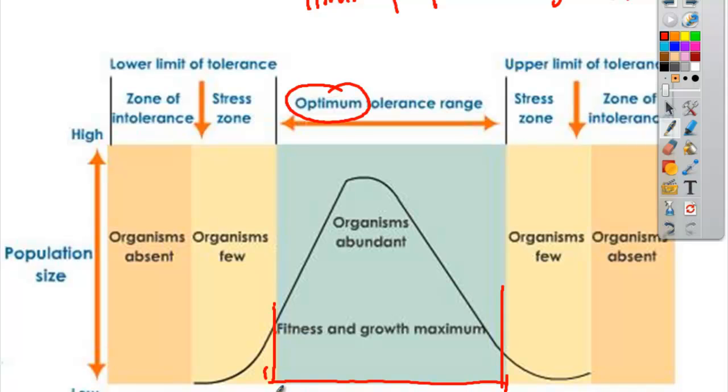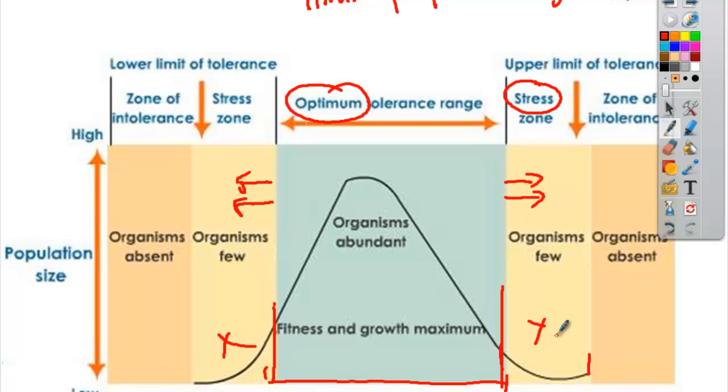So it could be a temperature range. If the temperature is either too warm, let's say, or too cold, or it could be too much water, too little water, whatever, then you start seeing stress and the populations are decreasing. You won't see as many of those particular species. So it's under stress, we call it. So it's stress on both sides of the limiting factor. Either too low over here or too high.